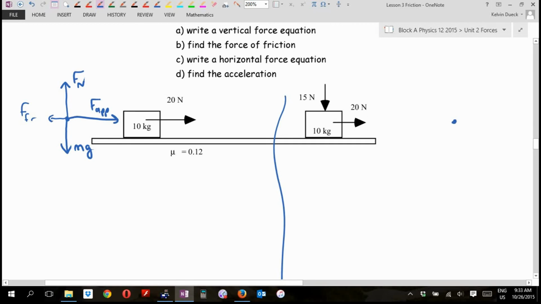Let's do the right-hand one. What are the forces acting on this block? Get the obvious one. Gravity. What else? Before I do the normal force, look at the picture. What else is there in our vertical direction in this picture? Do you see it? So next to the mg, I'm going to put a little 15 newtons there.